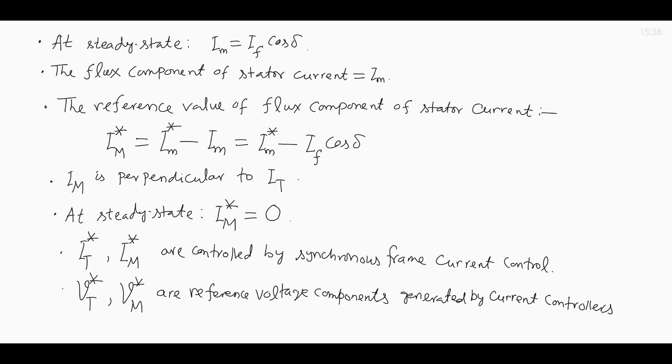Current controllers for IT and IM respectively. Vt star and Vm star are generated by the synchronous frame current controller for IT and IM respectively.